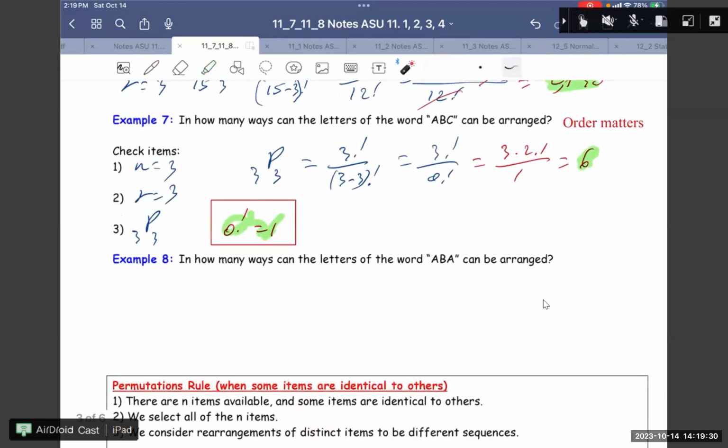Okay. So number 8: how many ways can we rearrange A, B, A? How many ways can we say this? First A, B, A, and we can get A, A, B, and we can get B, A, A. So this one is a total of 3 letters, right?